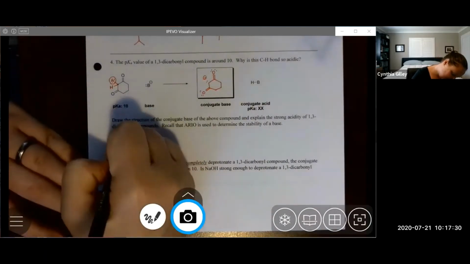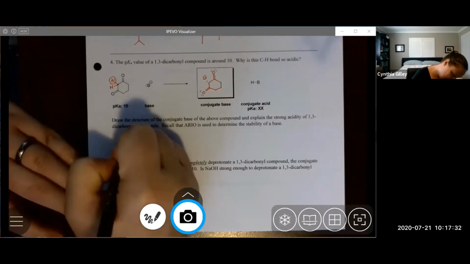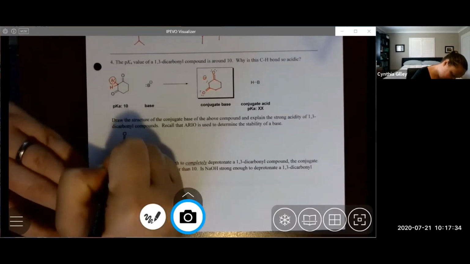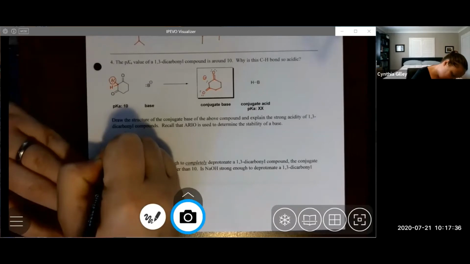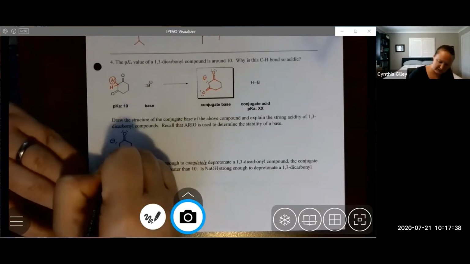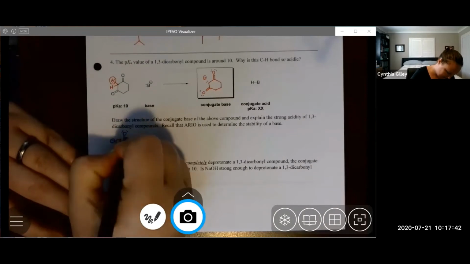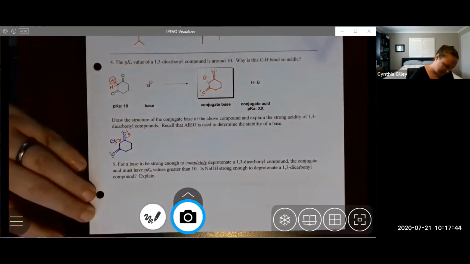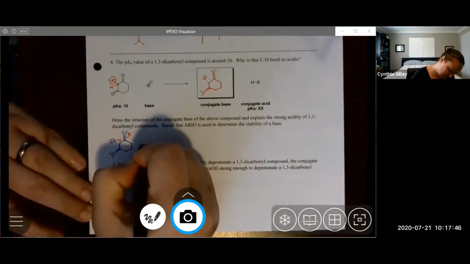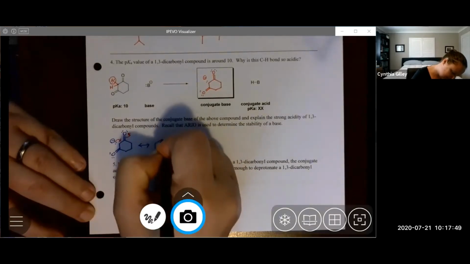So starting from the one we've already drawn, we can push electrons up to one of the two oxygens. So we can go this way to generate a resonance contributor, and that is one enolate.